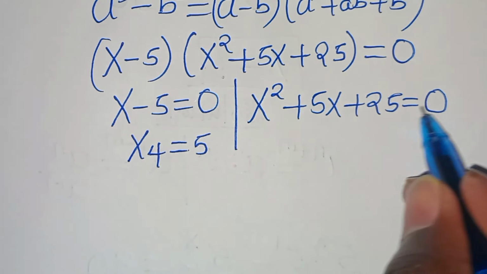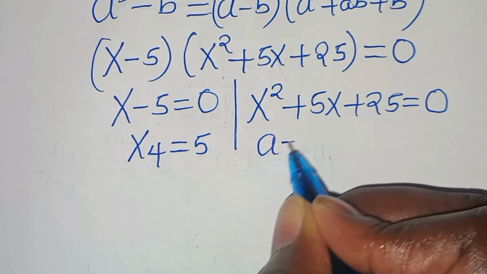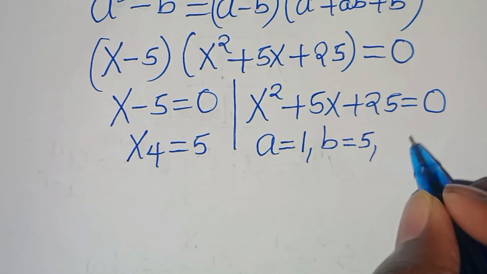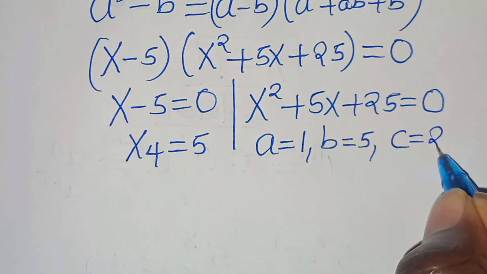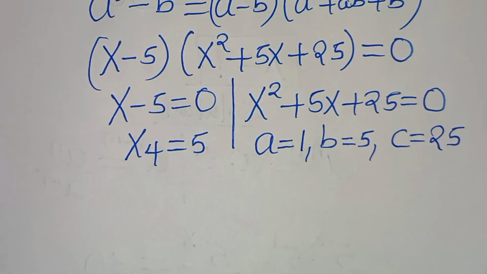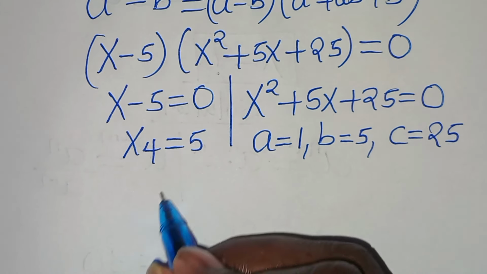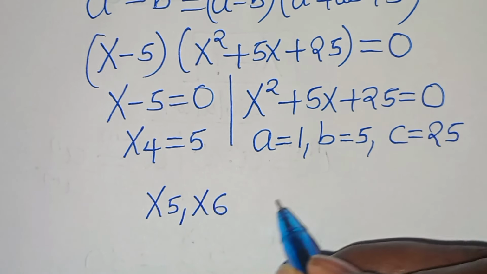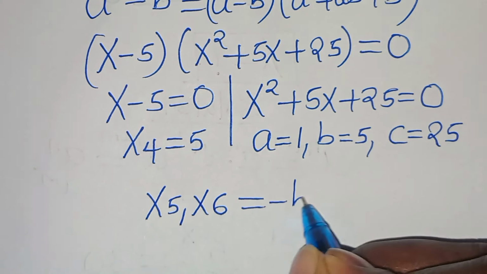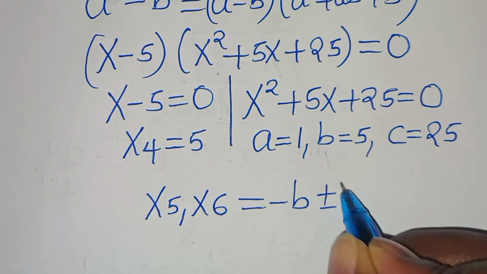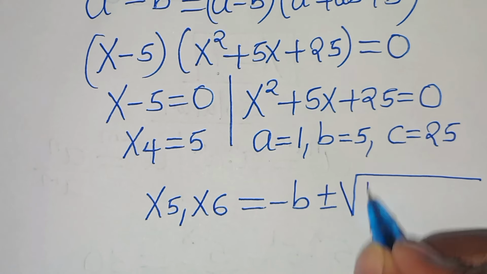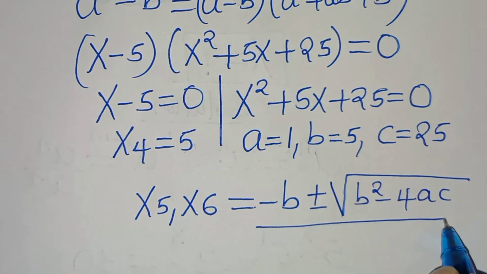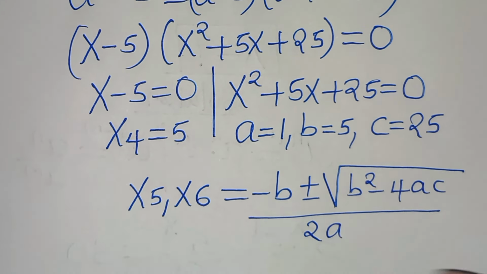Now, this is a quadratic equation where we have a equal to 1, b equal to 5, and c equal to 25. So we can solve for x5, x6 by applying the quadratic formula, which is minus b plus or minus the square root of b squared minus 4ac, everything divided by 2 times a.